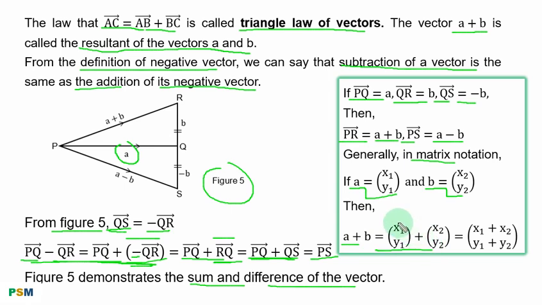You do that corresponding element to corresponding element. You have x1 plus x2, that is the first entry. The second entry becomes y1 plus y2.